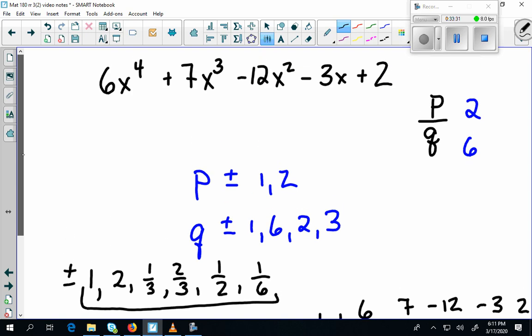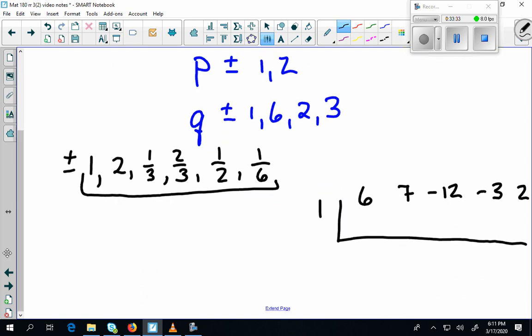Is that right? Yeah. All right, the 6 comes straight down, then we multiply. 1 times 6 is 6, then we add 13, then we multiply. 1 times 13 is 13, negative 12 plus 13, I'm adding now, is positive 1. 1 times 1 is 1. Negative 3 plus 1, negative 2. Look at that. 1 times negative 2, negative 2. 2 plus negative 2 is 0.